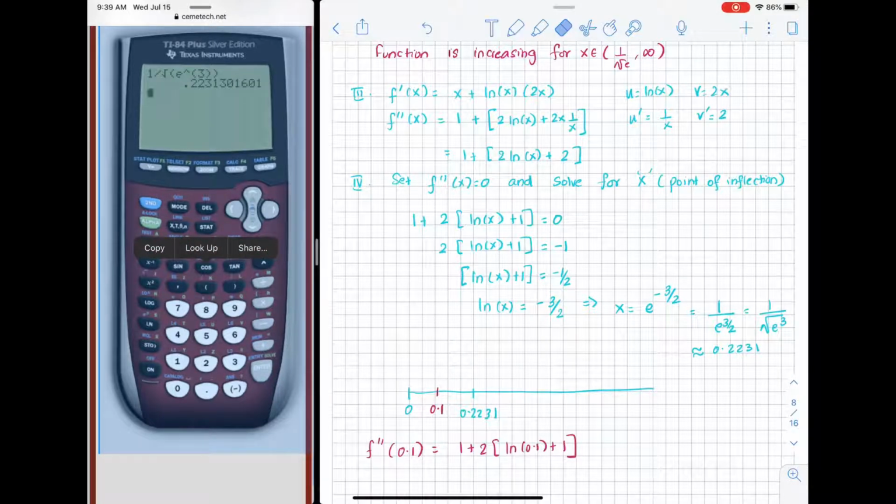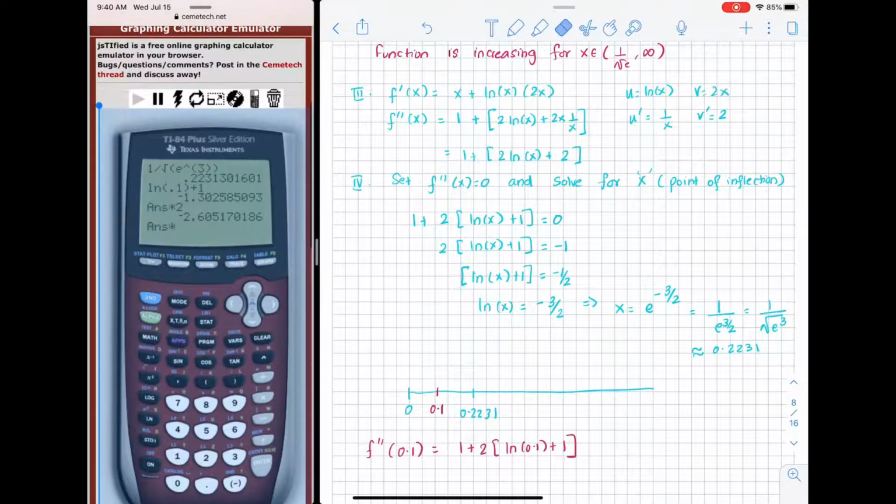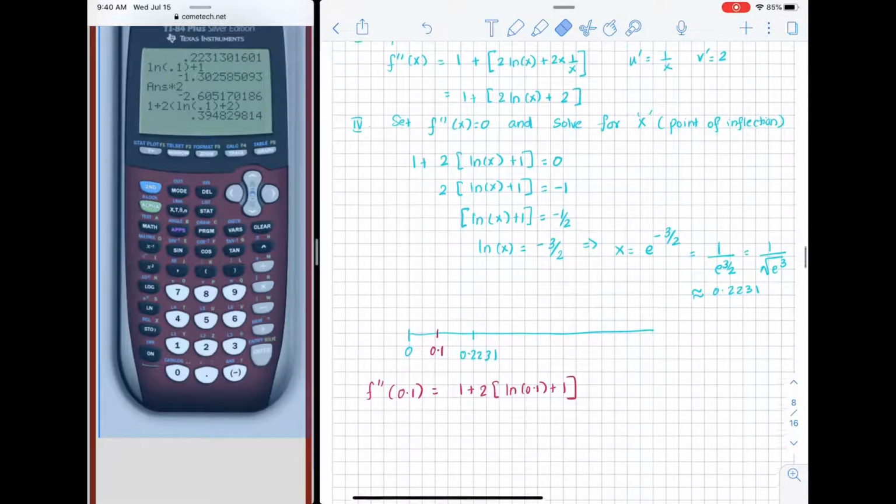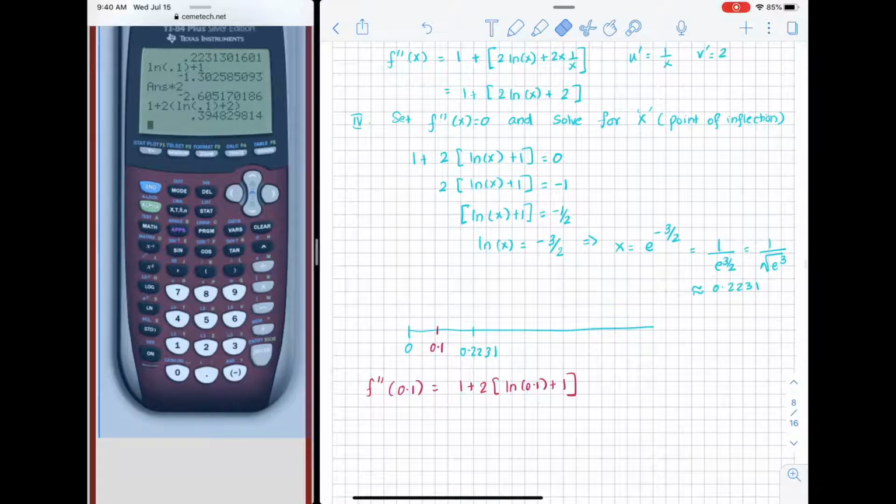So ln of 0.1 plus 1 times 2 and 1 plus 2 times ln of 0.1 plus 2, which gives us a positive number, which is 0.3948.